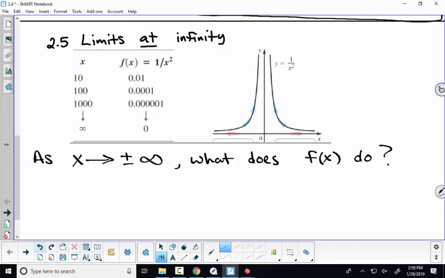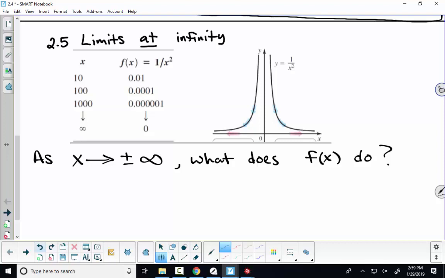It relates to horizontal asymptotes? Okay, so particularly with rational functions, it relates to horizontal asymptotes, right? What's happening way out here to the y values and what's happening way out here to the y values. Do y'all remember that?